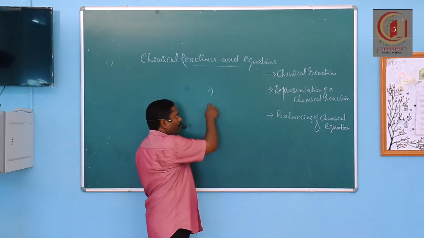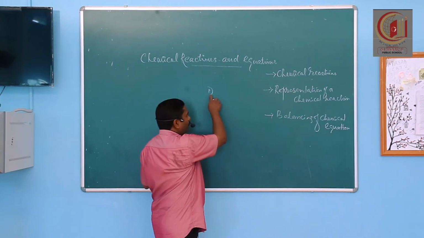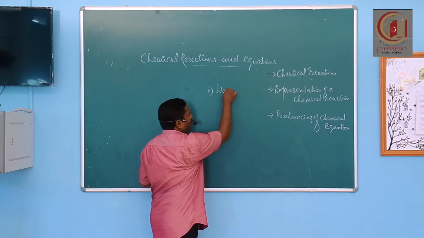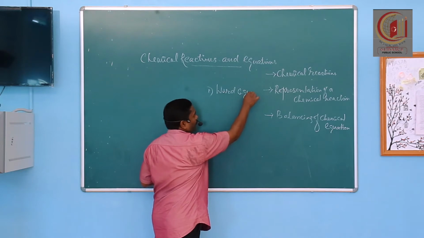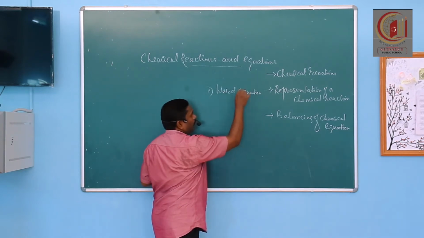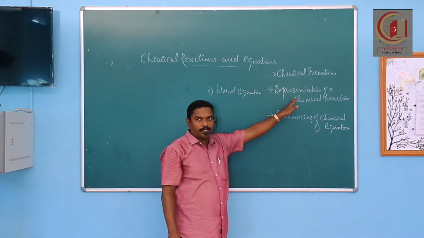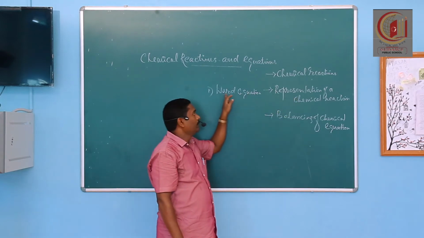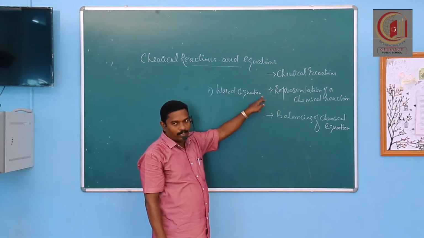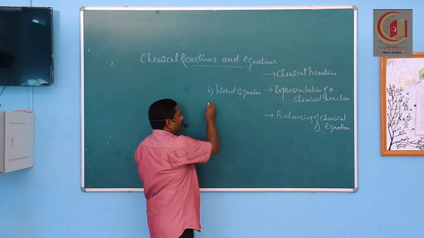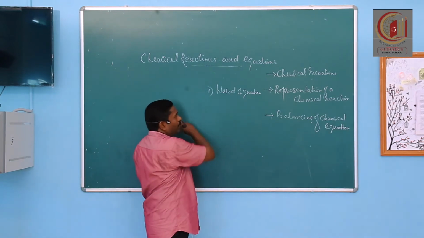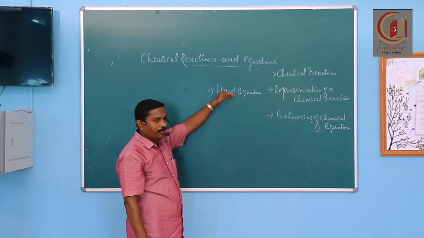What's the first one? The first one is the word equation, that is representation of a chemical reaction by writing in words. Give an example for the word equation.